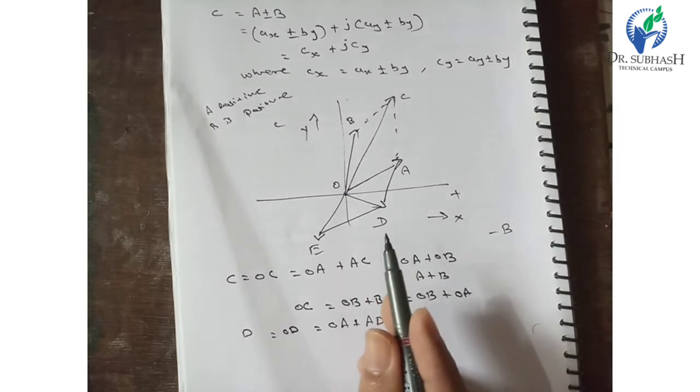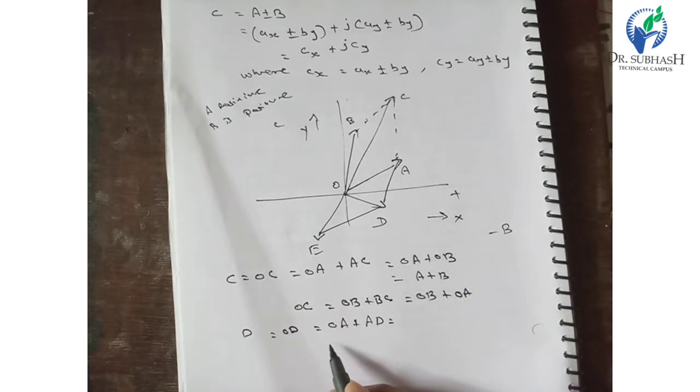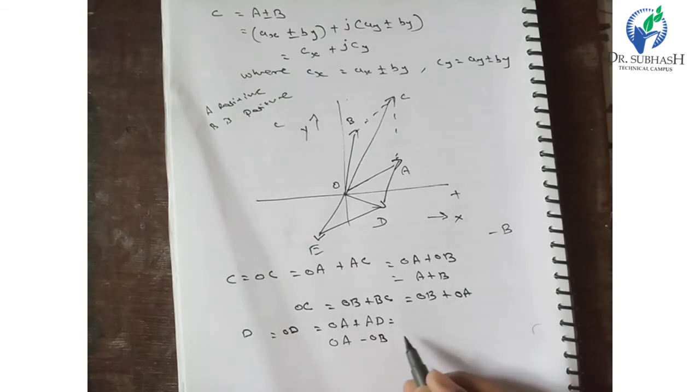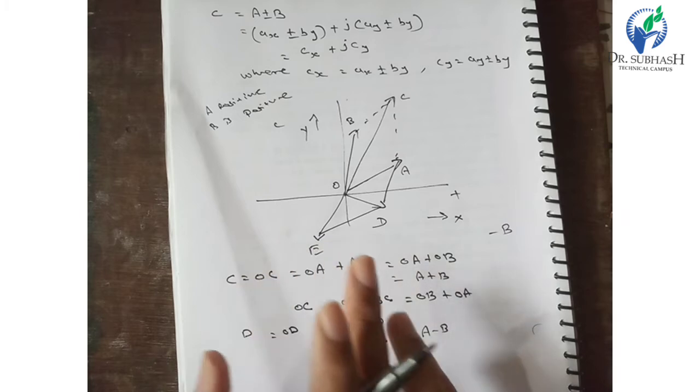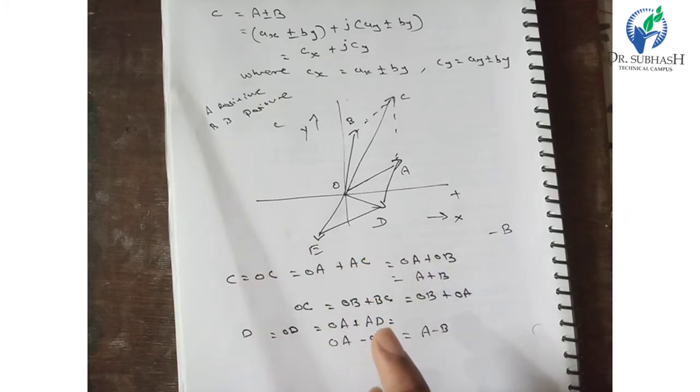The output of this figure we can also write as OA minus OB, but OA minus OB is the same as A minus B. For this, a numerical example can be solved in this form. This figure is an example for the purpose of showing the output.